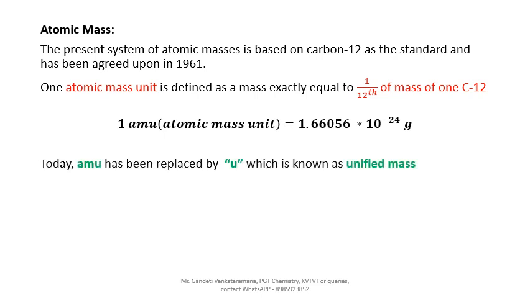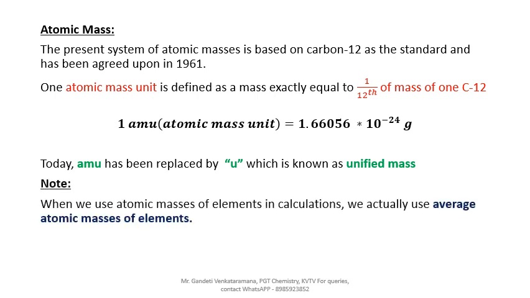Today, AMU has been replaced by u, which is known as unified mass. So now in chemistry we are not using atomic mass unit; it has been replaced by small u, called unified mass.